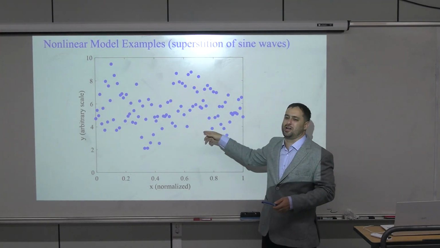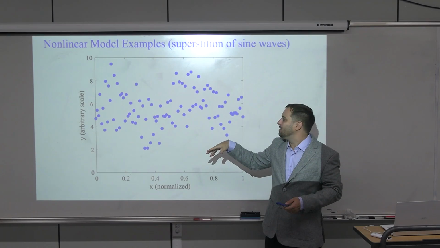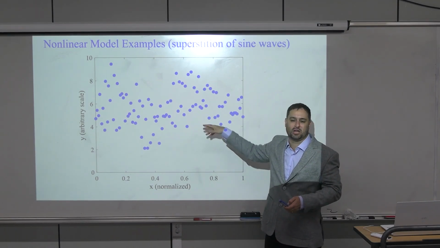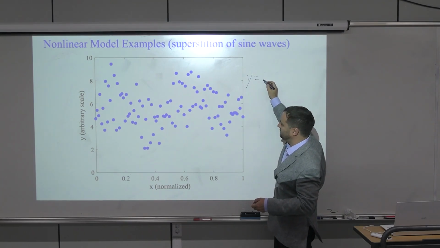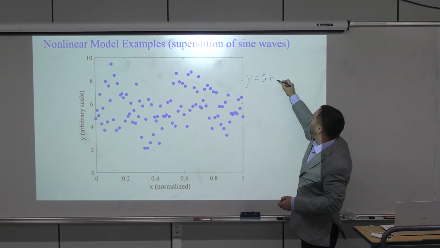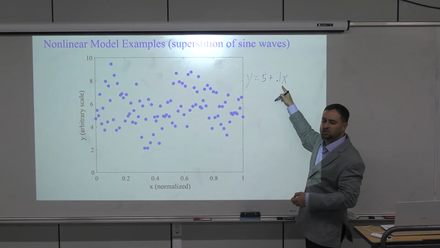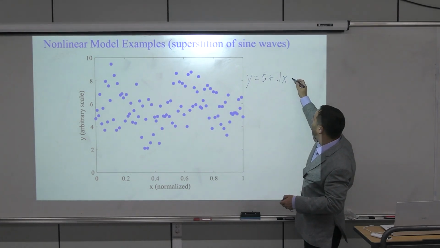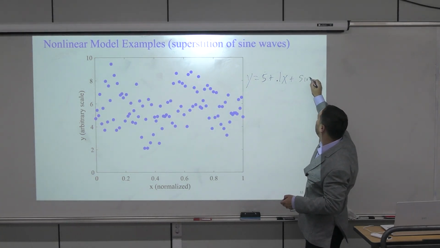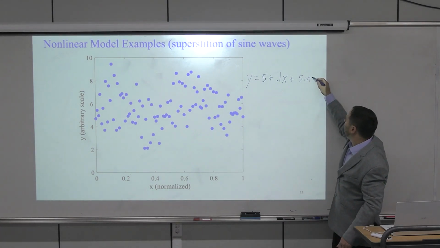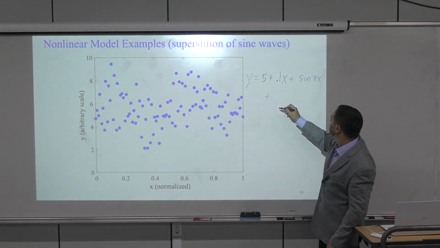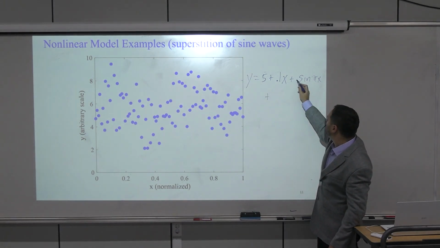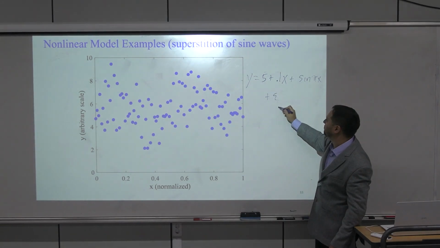Before class, I actually generated this data set. This was a computer-generated data set. I think it was y equals some constant, maybe 5, plus 0.1 times x, so there was a small linear term, plus, I think it was sine of pi x, plus, I forget, some random noise.